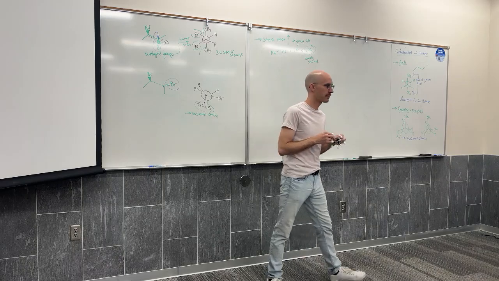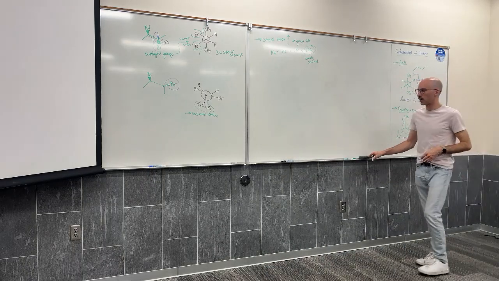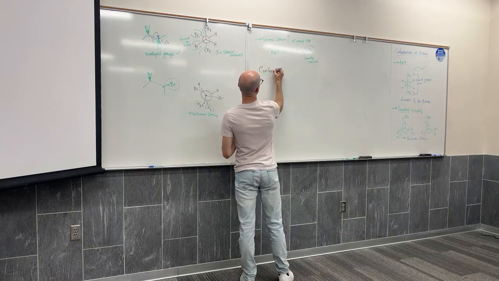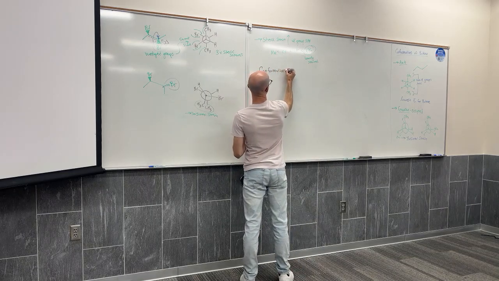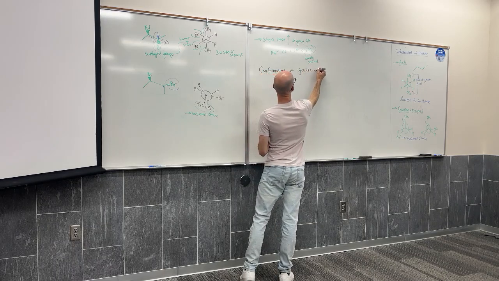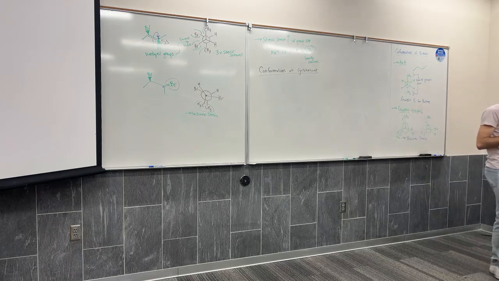True or false, cyclohexane is a flat hexagon. Anything you'd like to change about what I said?